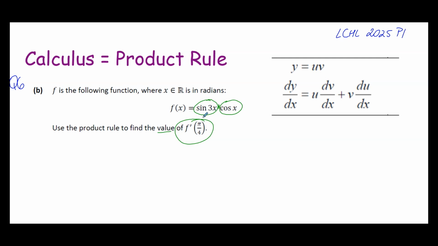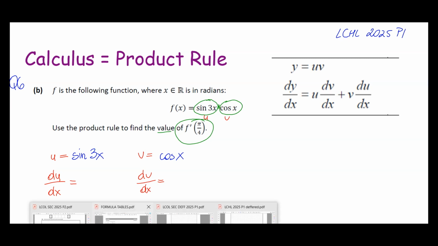So we have my u, that's my v. We're going to have the u function and the derivative of that function, and then the v function and the derivative of the v function. So the u function is sin of 3x and the v function is cos x. Now we have to derive it.